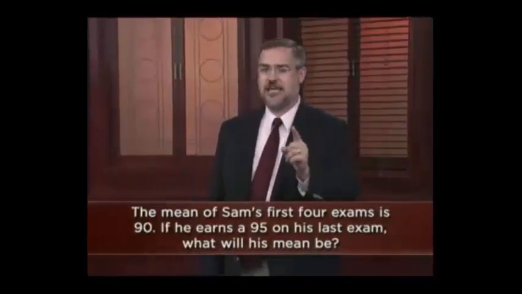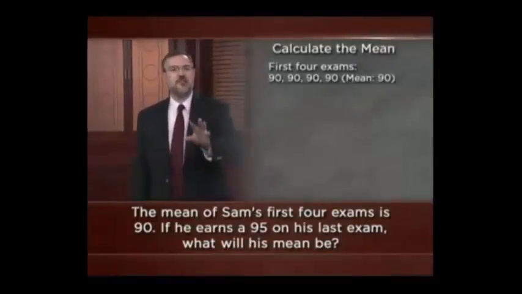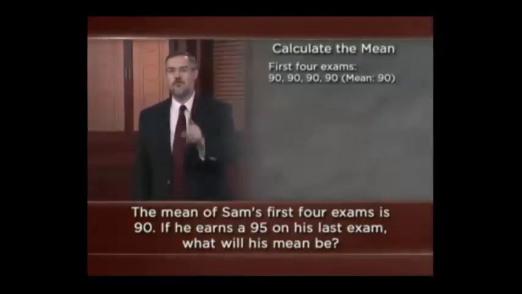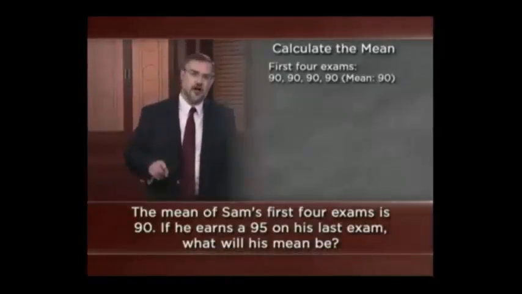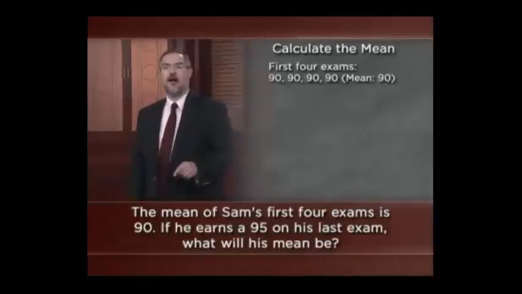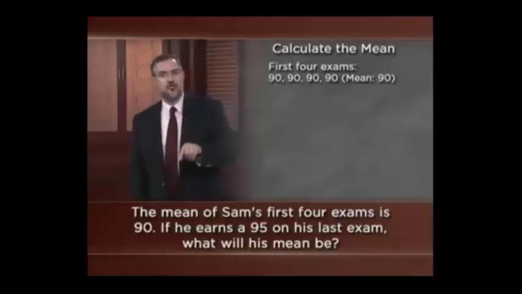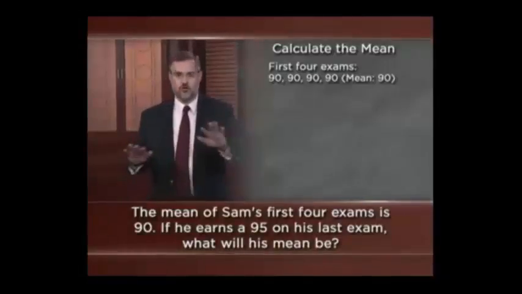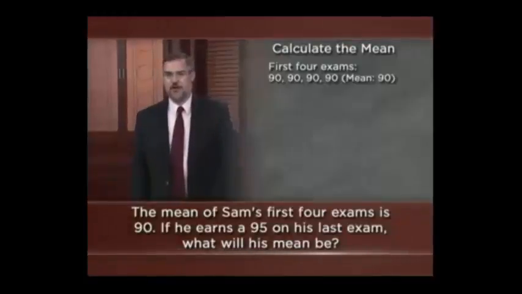And here is the key to being able to do this. For this problem, you can basically assume that Sam's first 4 exam grades were 90, 90, 90, and 90. Now, I'm not saying those are exactly what he got, but I can assume they are what he earned if all you want me to find is the mean of these 5 exam grades.